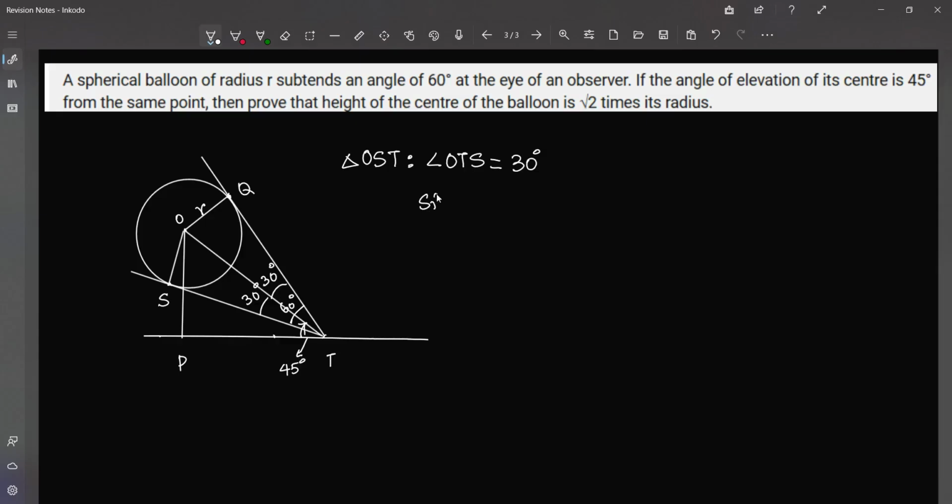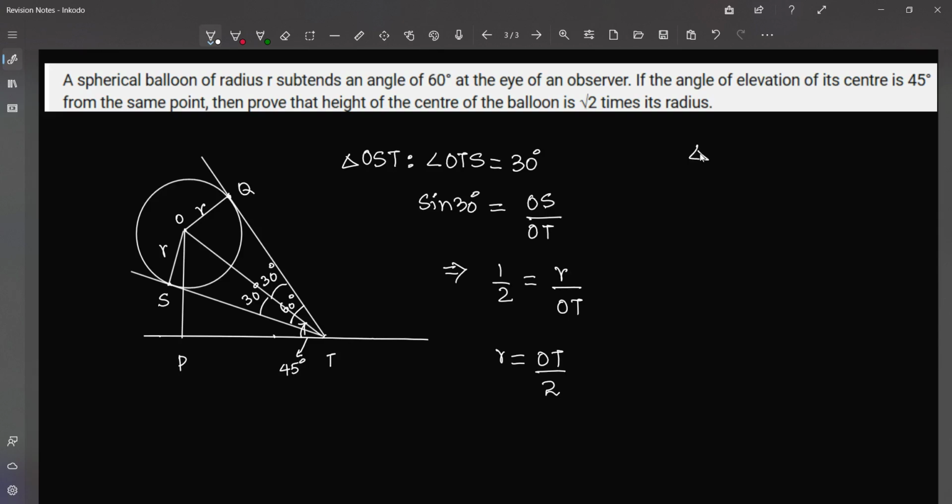So we are going to make use of sine 30 degrees. Sine 30 degrees is equal to the opposite side, which is OS, divided by OT. OS is nothing but the radius. So sine 30 is 1 by 2, and OS is the radius, so R by OT. Keep this as it is. So R is equal to OT divided by 2.